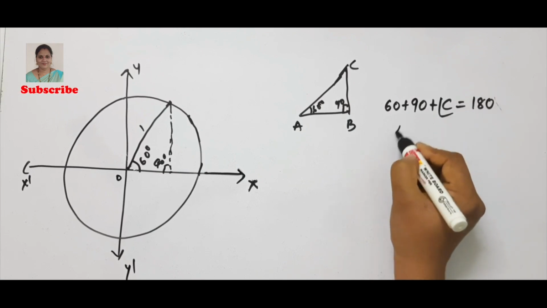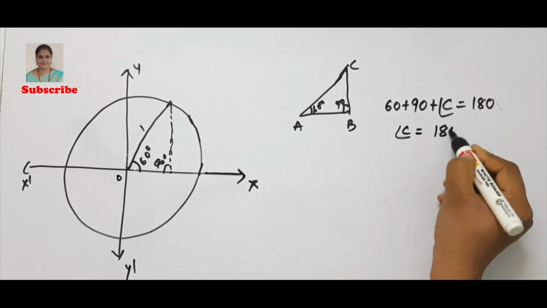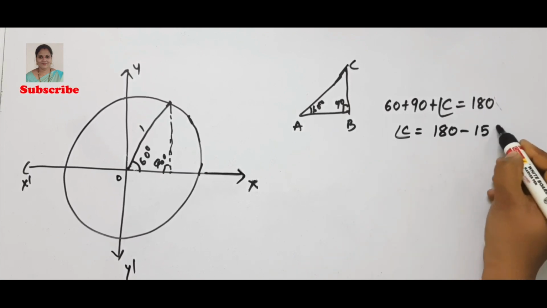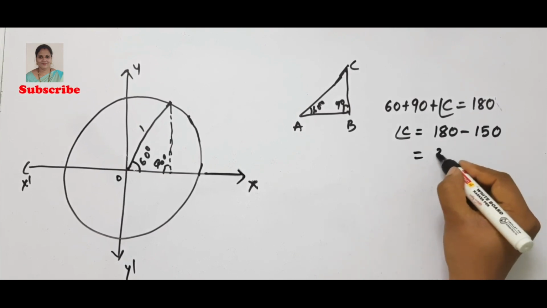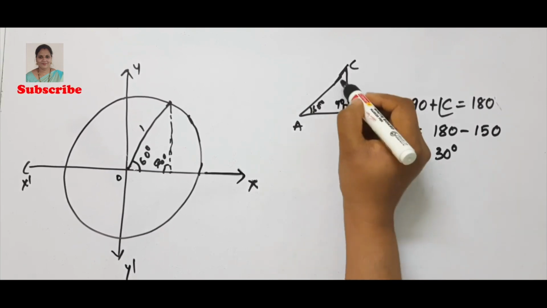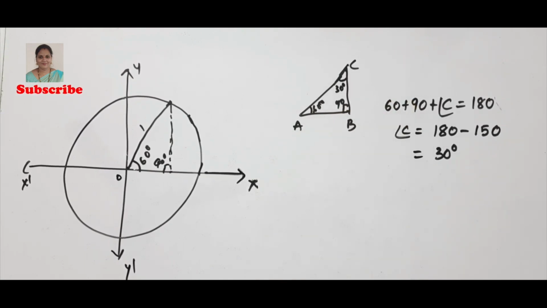So angle C is 180 minus 150, which is 30 degrees. We got three angles: 60, 90 and 30.